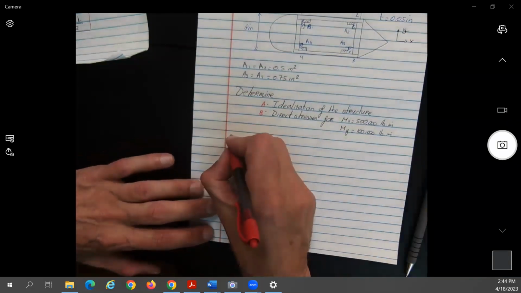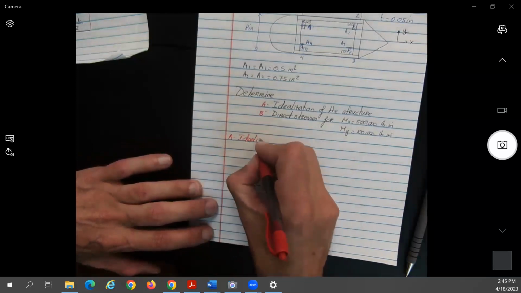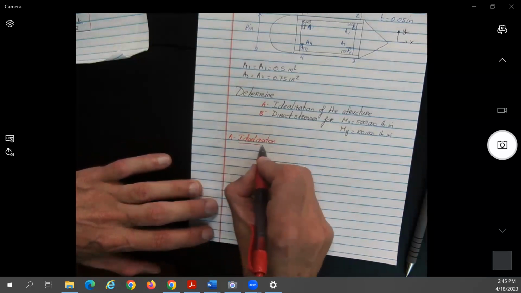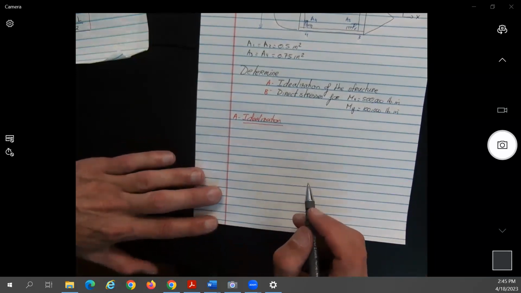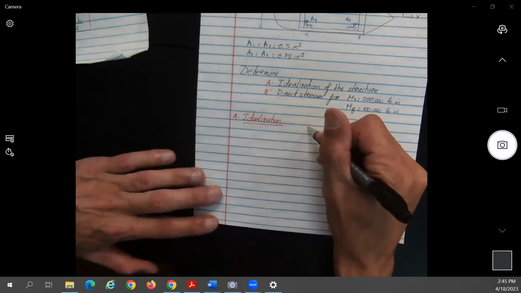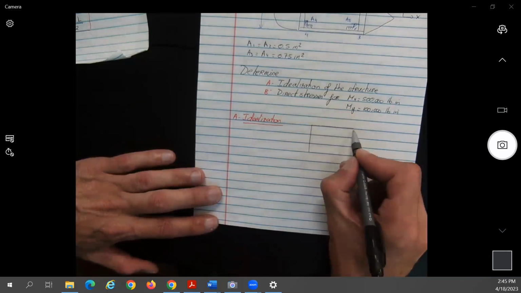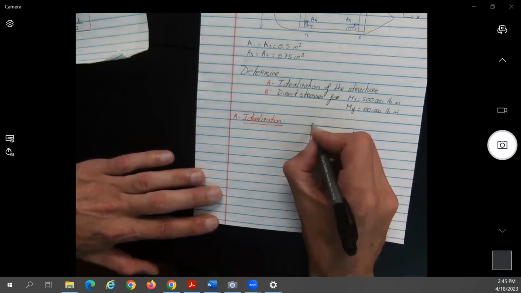Okay, so part A, let's do the idealization. So basically what we want to do is to find our idealized structure, what would be here?